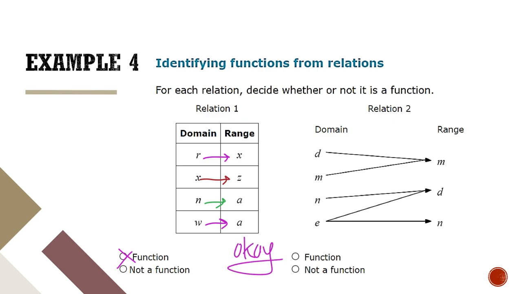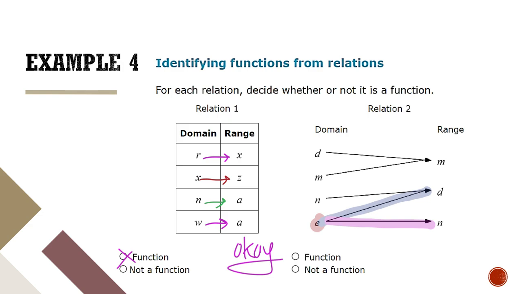As long as our x inputs don't go to more than one value. So for instance, where it's not okay is like you see I have E here. E is going to the letter D. E is also going to the letter N. So if I plug in an input of E, what answer should I get? Well, I don't know. I'm either getting D or N. So that is something that is not okay.